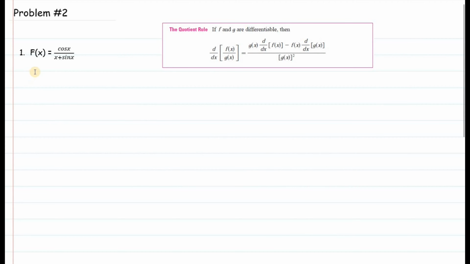So for the second problem, we have f of x is equal to cosine of x over x plus sine of x.